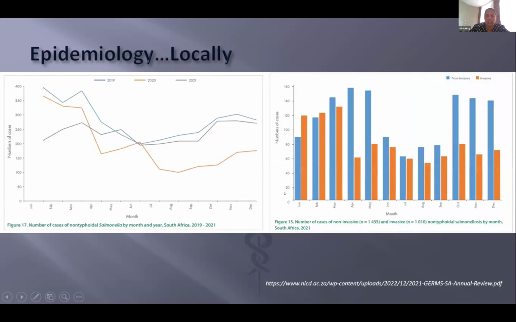This is looking at the number of cases of non-invasive, which is illustrated in the blue, as well as invasive non-typhoidal Salmonella cases in South Africa. And what I just wanted to illustrate here is that the non-invasive cases usually have this seasonal variability.